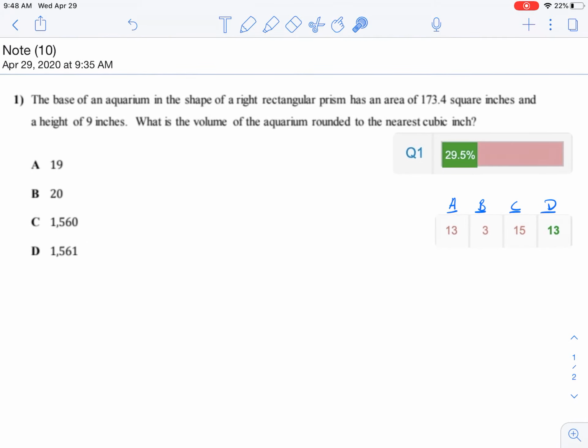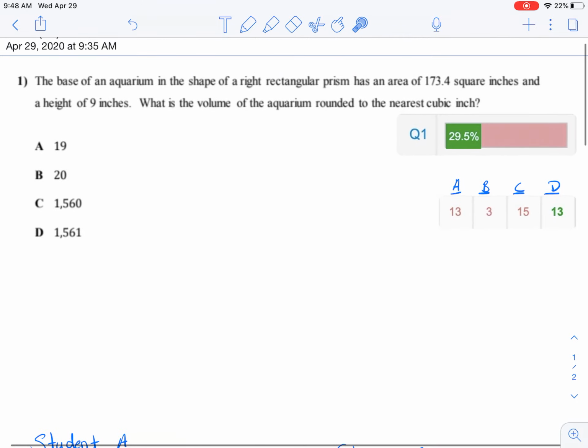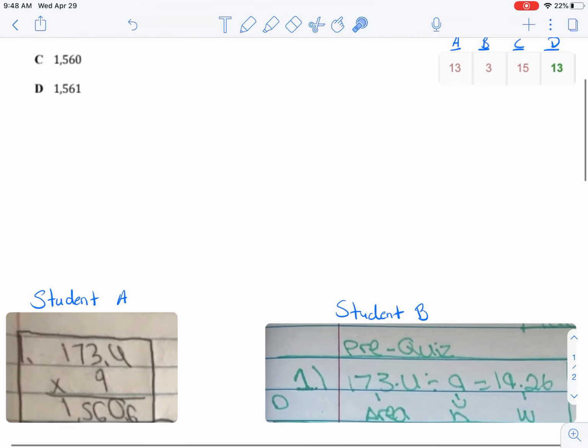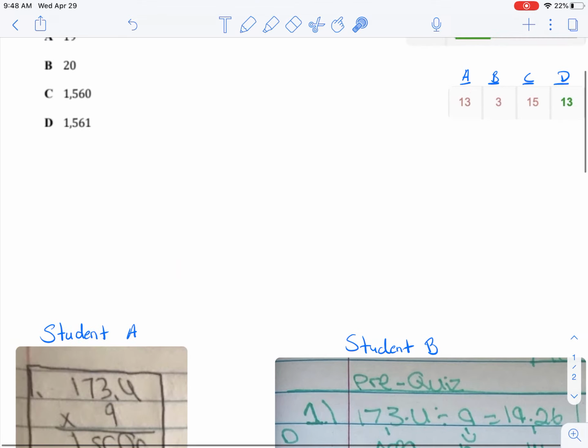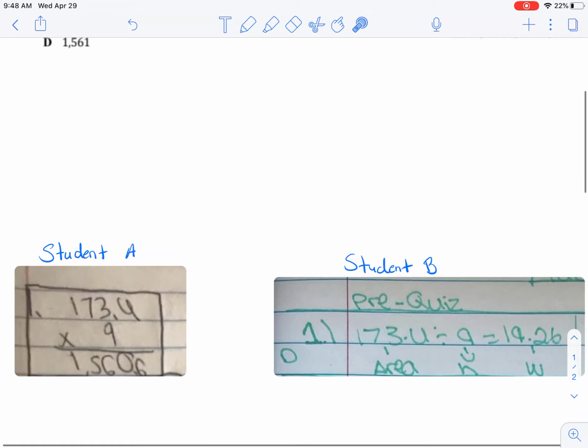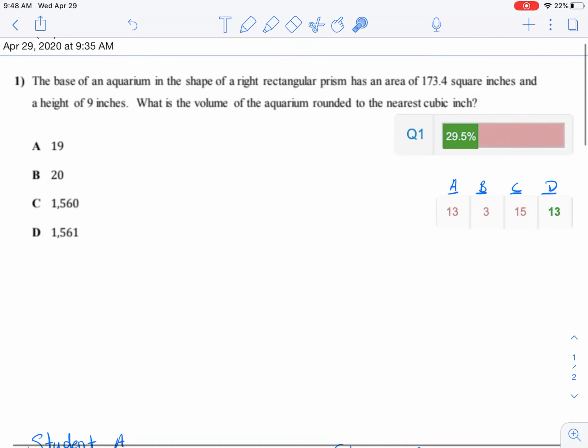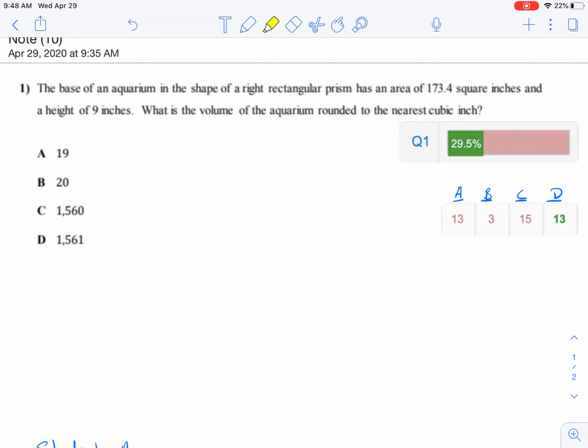The second part is that we are also going to be looking at other student work, which is why it's extremely important that your penmanship is clear and that you're putting up work, so that Mr. Bravo can go in and say, this is why student A picked A, or why student B picked D. We're going to get to this section in just a bit, but for now, let's dive into the actual question.